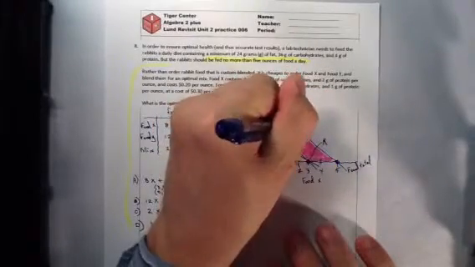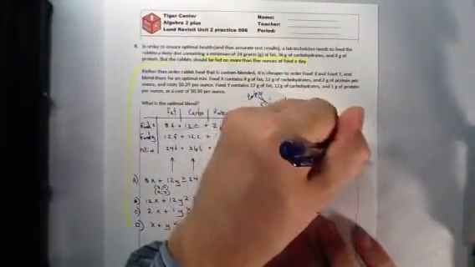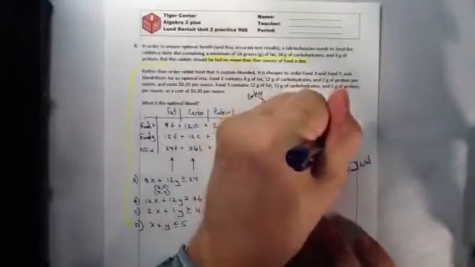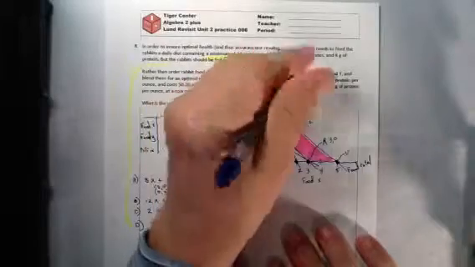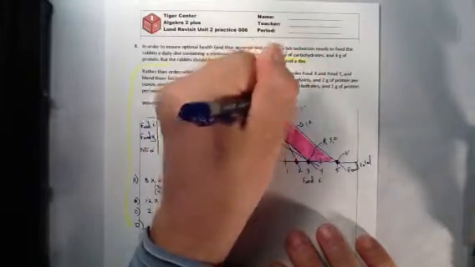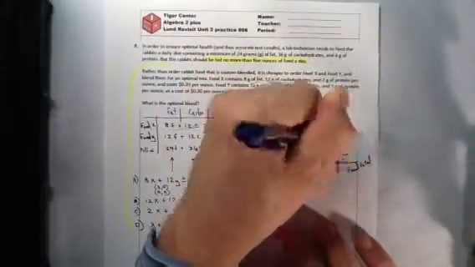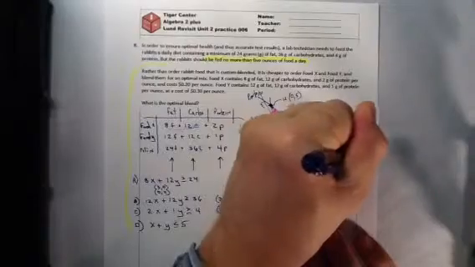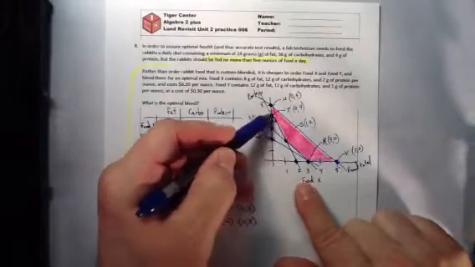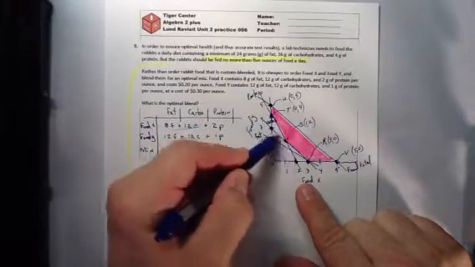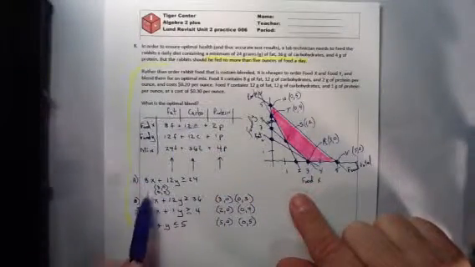Go R, S, T, U, and V. So we're going to have (3, 0), (1, 2), (0, 4), (0, 5), and (5, 0). The confusing one might have been right here, where it's the intersection point of carbs and fat.